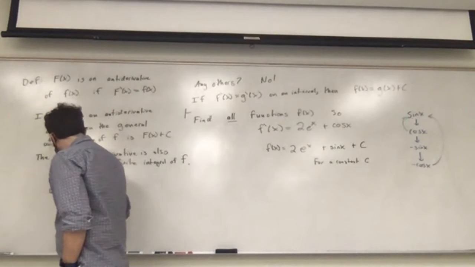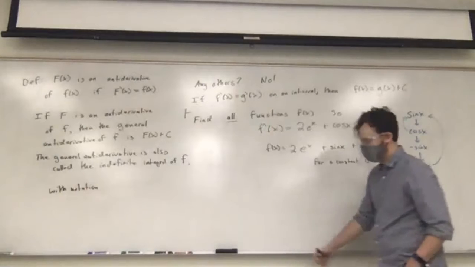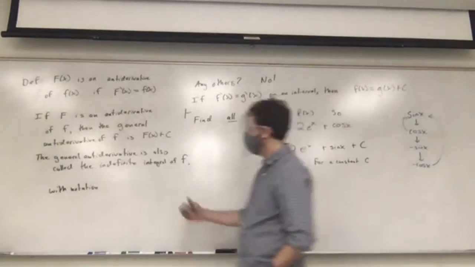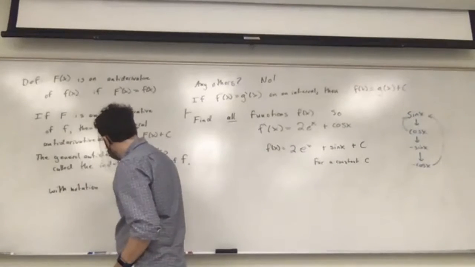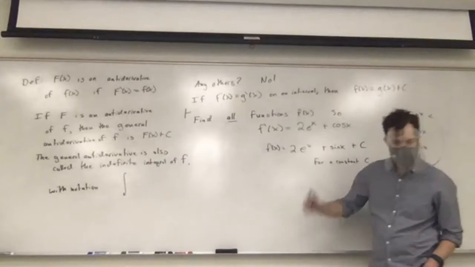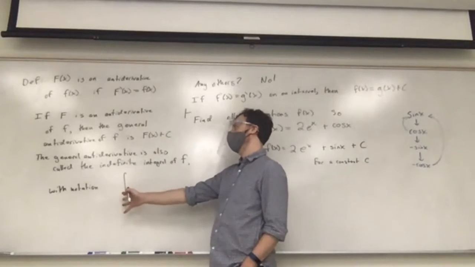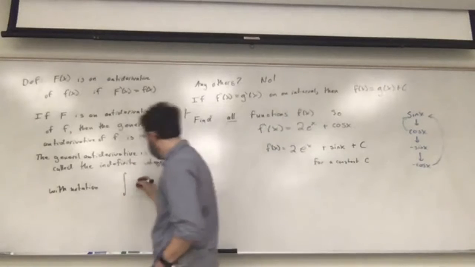And the symbolic notation for this is that there's this long curvy s. This is called the integral sign. This is really saying find the antiderivative of what comes next.